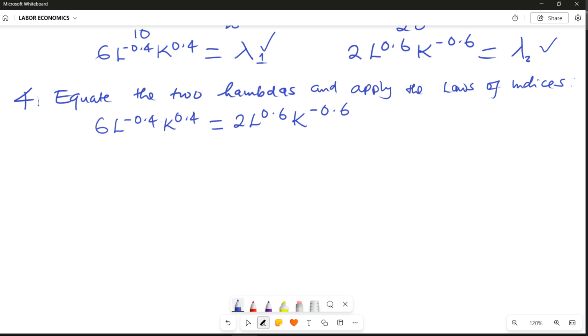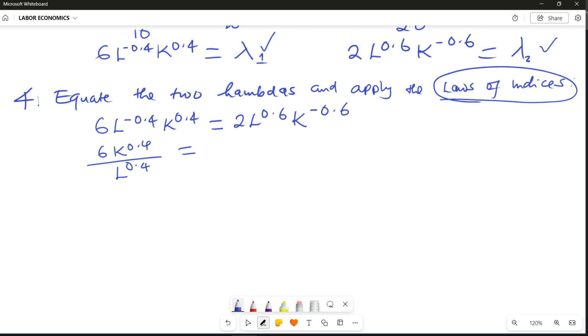That is the law of indices. So on the left it will be 6 capital to the power 0.4 over labor to the power 0.4, like that. This is equal to, we do the same on the right hand side.